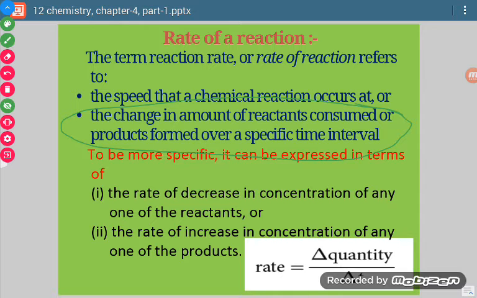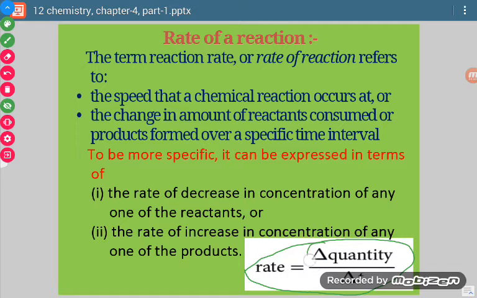Okay, so in general we can say the rate of decrease in concentration of any one of the reactants or rate of increase in concentration of any one of the products. Okay, if we are taking products, then it will be increase in concentration. If we are taking reactants, then it will be decrease in concentration. Okay, in general rate will be determined by this formula.